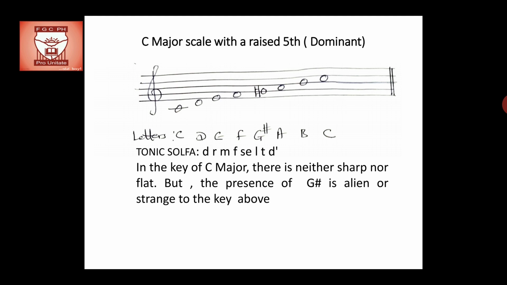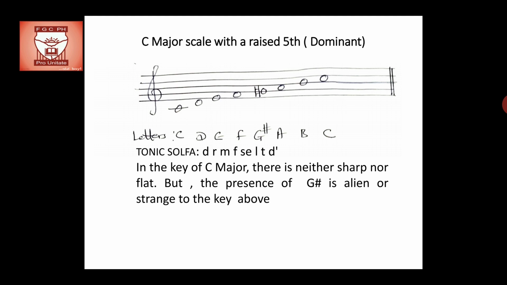Like I said earlier, the key of C major has no sharp or flat. The presence of G sharp here is alien or strange to the key of C major. And so we can see an accidental sign departing from the normal C natural key by affecting the G sharp and giving us a kind of minor effect.